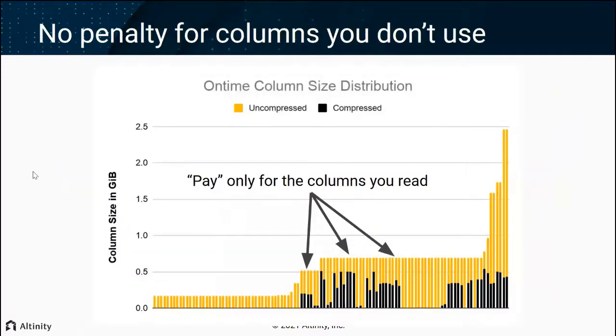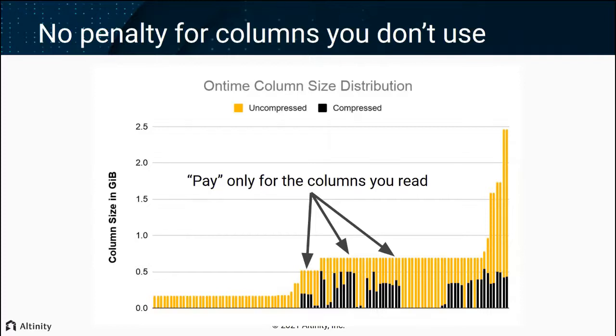Now, when we start to process a query like the one that we just saw, this is where the column storage becomes really important. When you're doing a query, if you only refer to a few columns, and in that previous example there were four, you only pay, in some sense, for the columns you read. Since the columns are organized in separate files as basically big arrays, you only open the files that contain the columns you want.